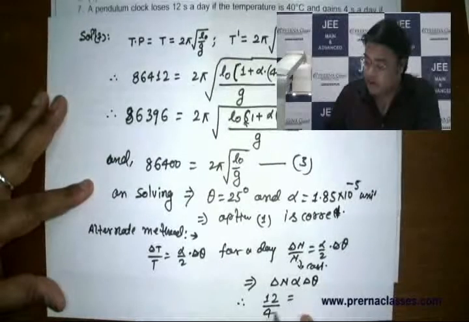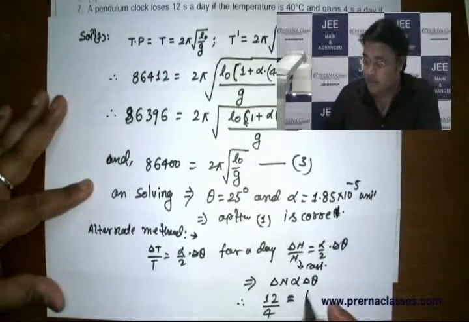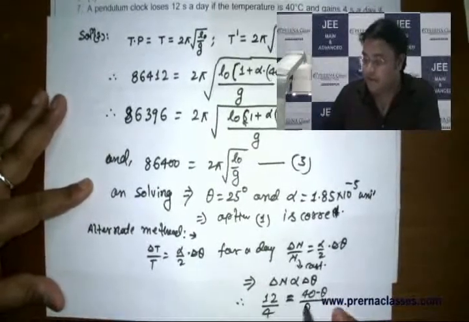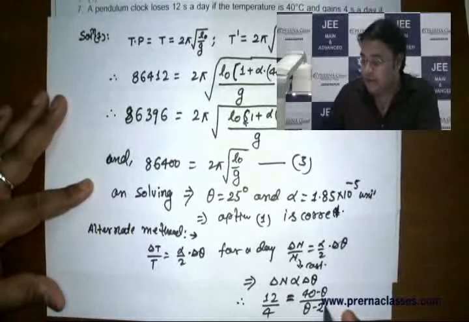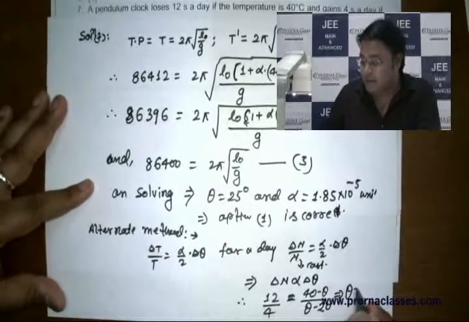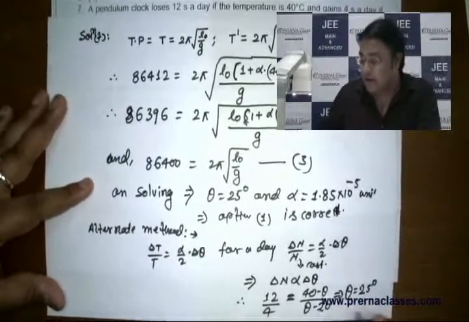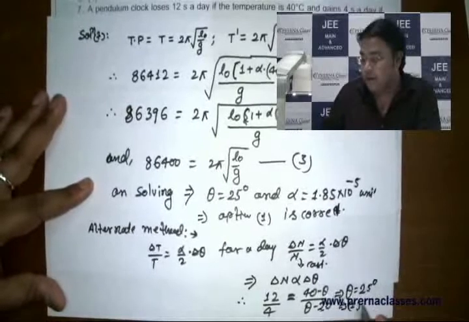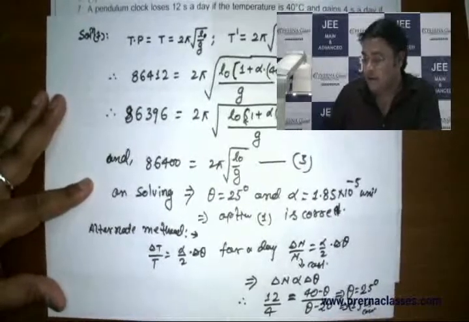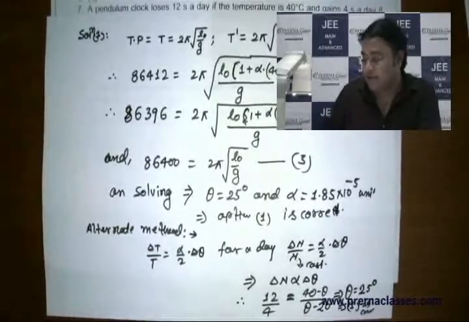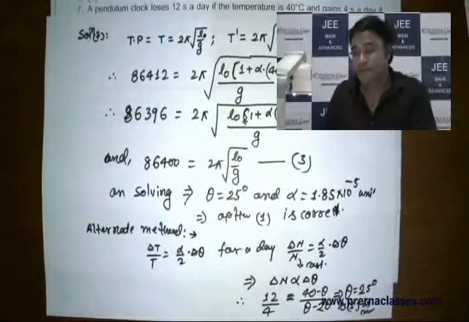So according to the given data, 12 by 4 equals 40 minus theta divided by theta minus 20. That implies theta is 25. So option 1 is correct. Okay?